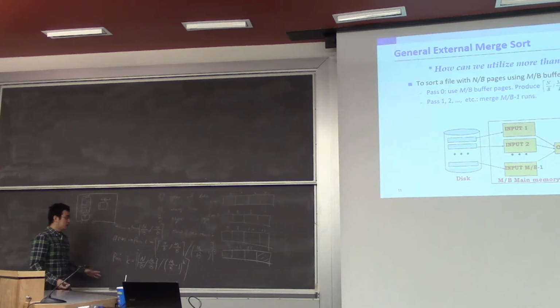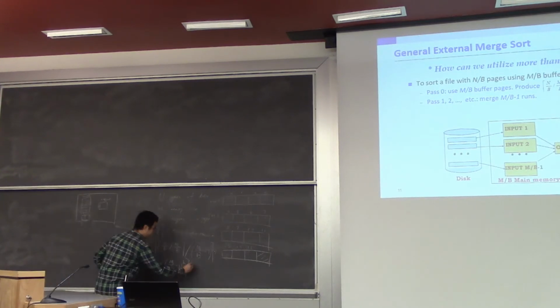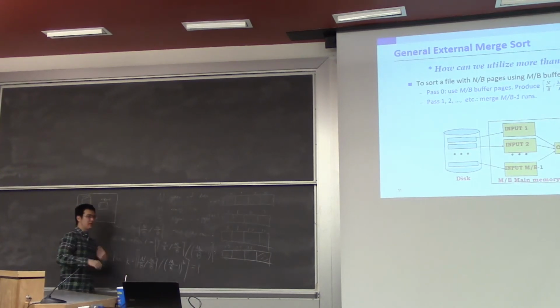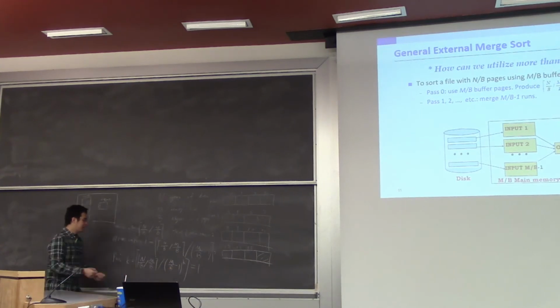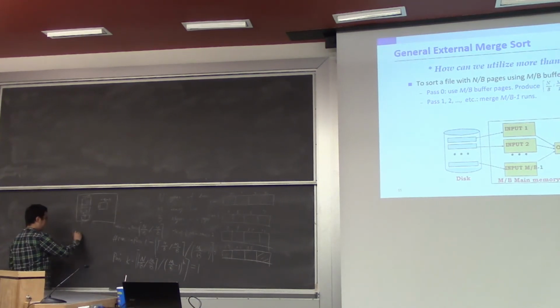Okay, so if we want to compute how many passes I need, I just let this number be 1, right? When I get only one run, a single sorted run, the whole algorithm is ended. So if you solve for it, k equals log.